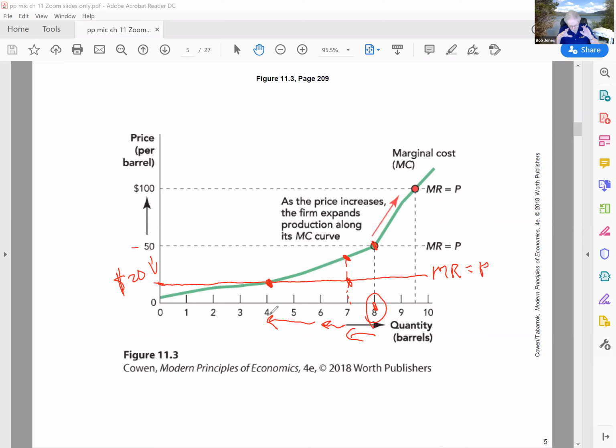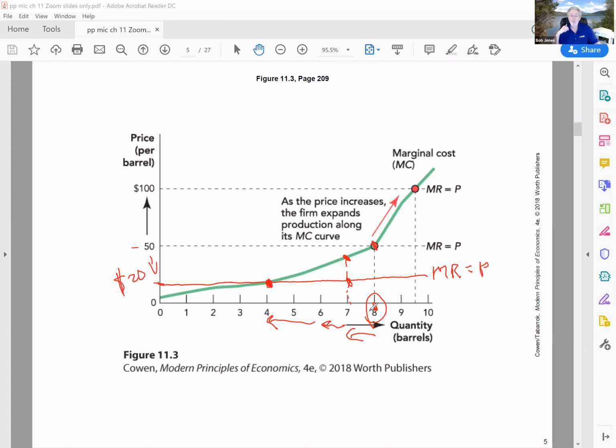And a little bit later, we'll get to the question of the shutdown decision. What this point is telling us is that if this firm continues to produce at the lower price, they are going to produce 4 units rather than 8.